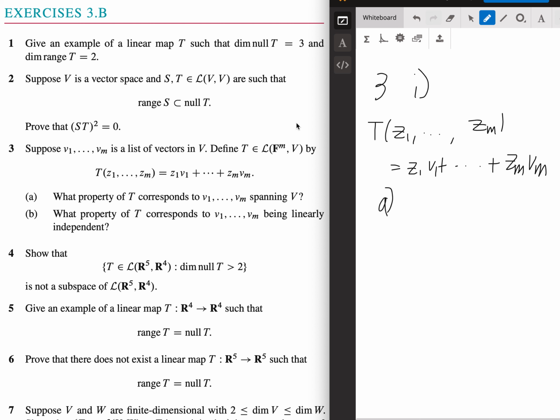The first thing that comes to mind is that V and F^m share the same dimension. So what probably should happen is you map the basis of F^m to the basis of V, in which case it would work like that.